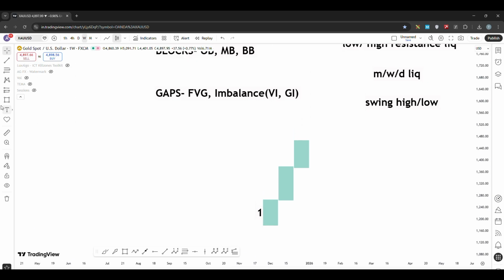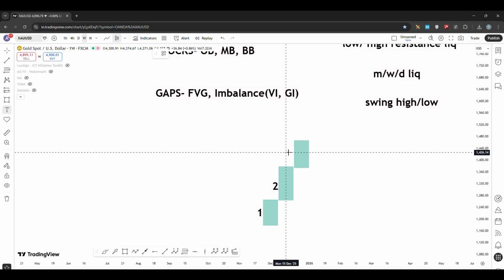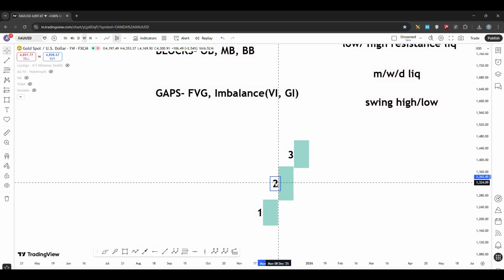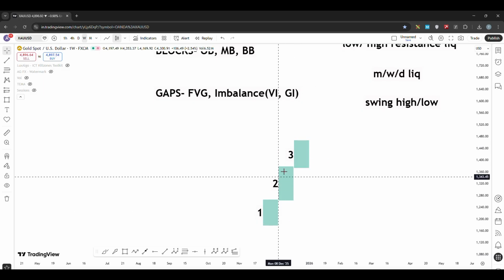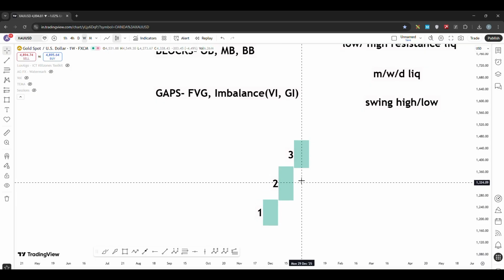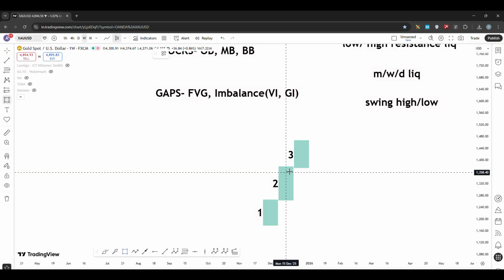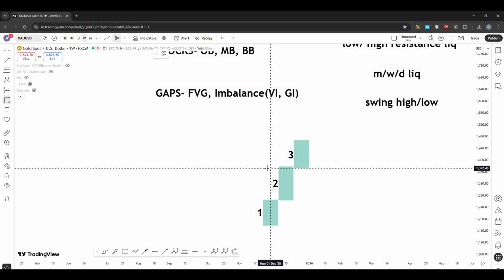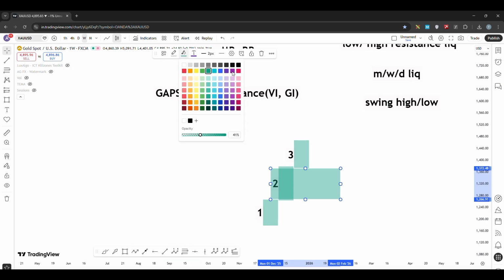Then we have got candle number 2 over here, and we have got candle number 3. So when we see this kind of three candle pattern, where the first candle and the third candle are not in contact with each other, then you can say the difference between these two candles, or the gap between these two candles, this is what is called a fair value gap.